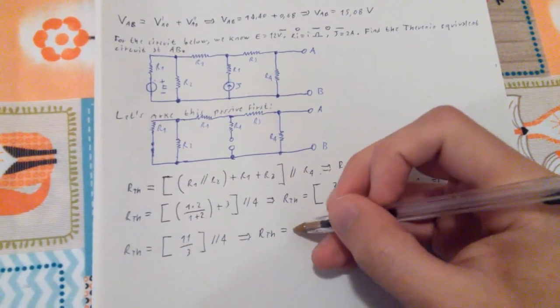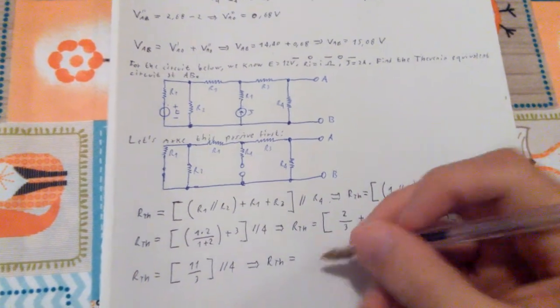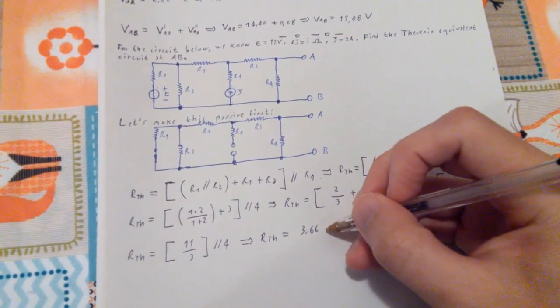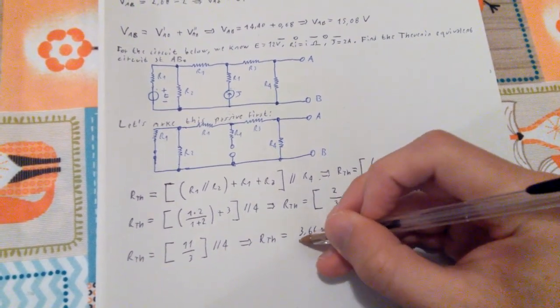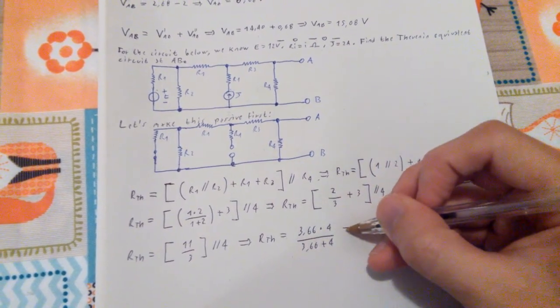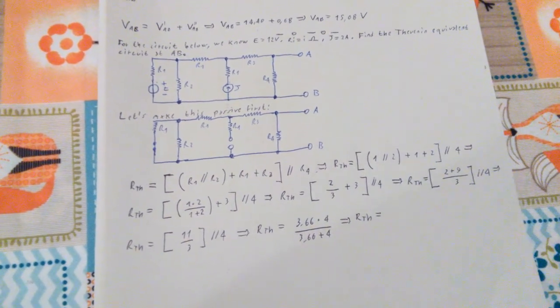So I'm just going to say that 11 divided by 3 is going to be 3.66. So 3.66 times 4 over 3.66 plus 4. And then I'm lazy, so I'm just going to use my calculator here.